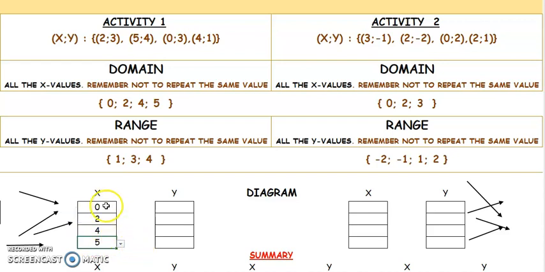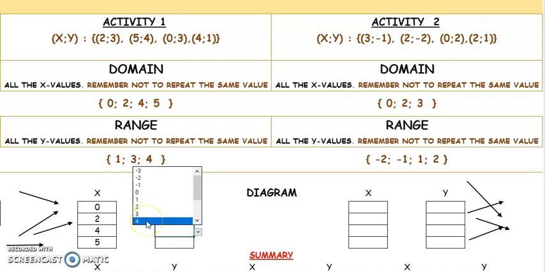Now I have all my x values in that sequence, and for my y I'm going to use these values in that order. So this is going to be 1, this is going to be 3, and this is going to be 4. Those are my y values for the range.